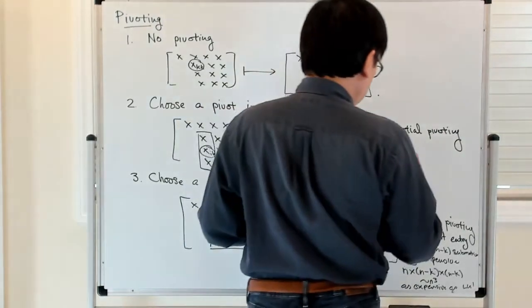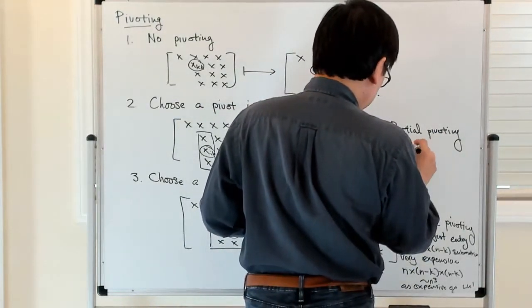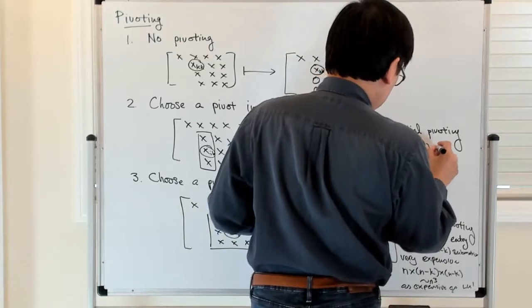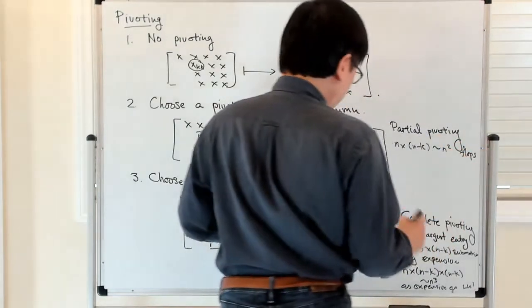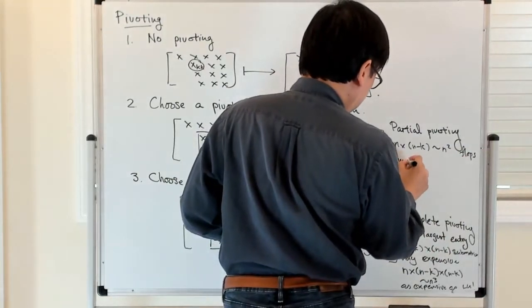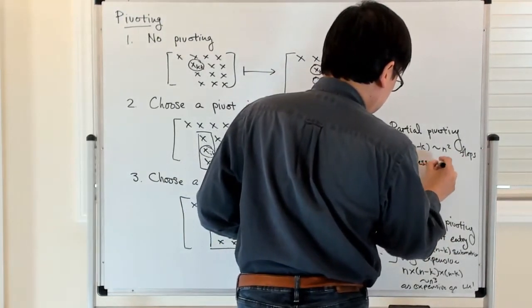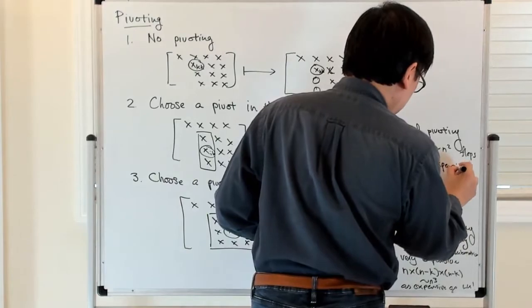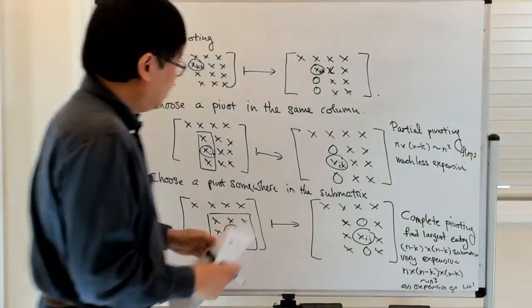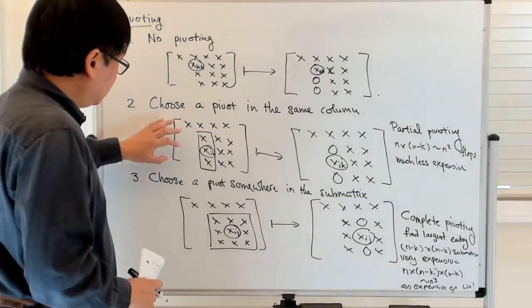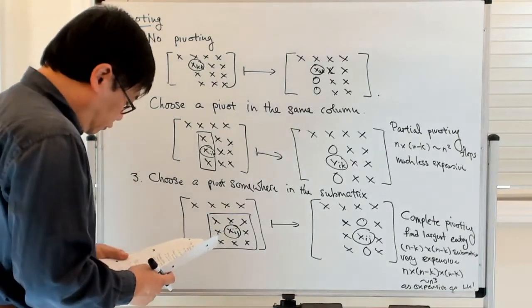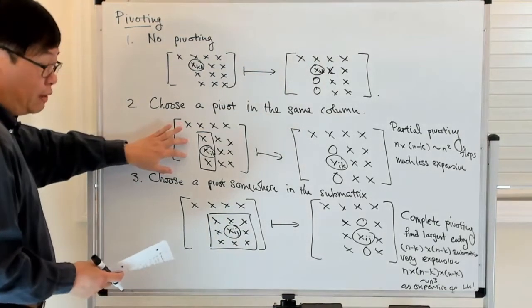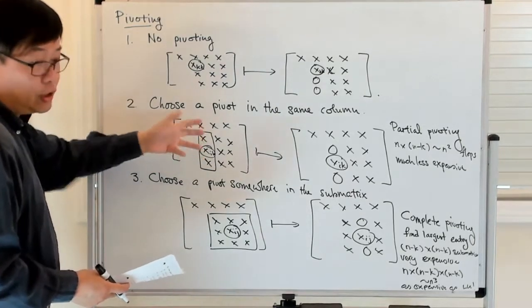It takes about n times n minus k, which is of the order of n squared flops, so it's much less expensive. And for most applications, it's good enough.